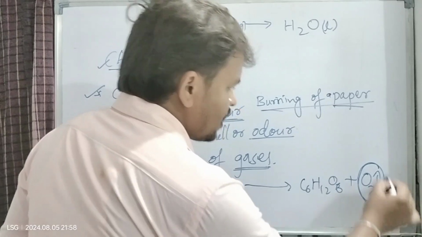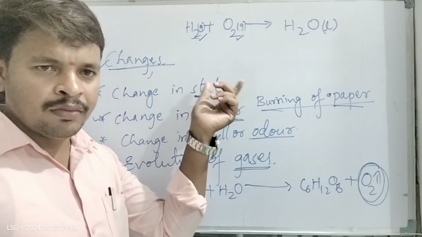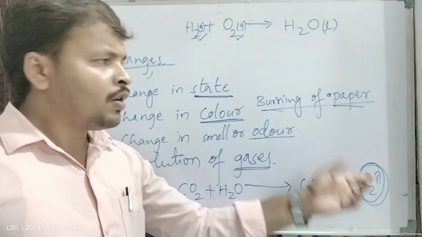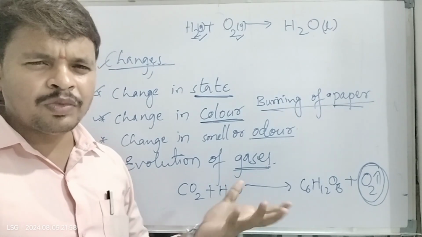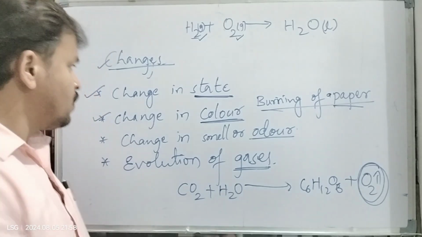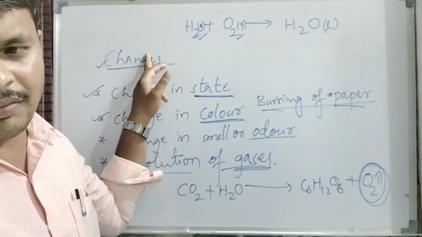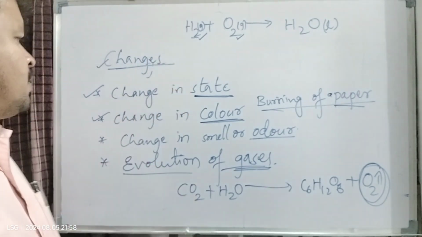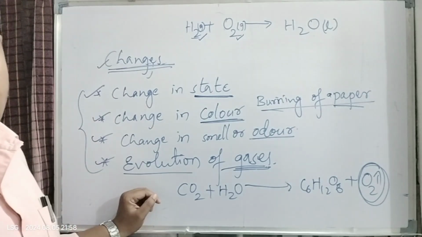Here you see a new gas is evolved. This is an example of a chemical reaction. While bursting crackers, some gases such as carbon monoxide and carbon dioxide are produced. So evolution of gases can also be seen during a chemical reaction. These are the main four changes that occur during chemical reactions.